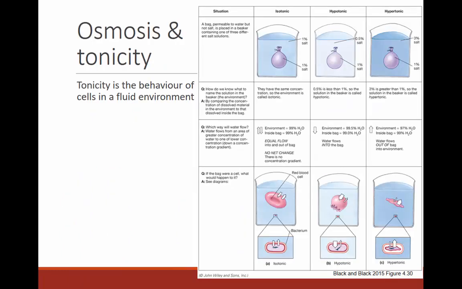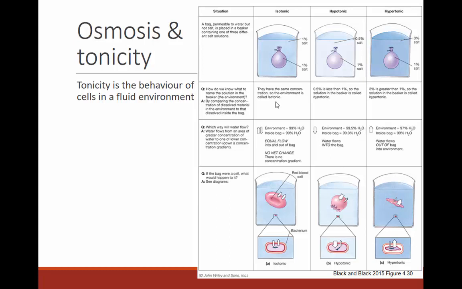And if you were to look at the differences between osmosis and tonicity, you've probably heard of isotonic saline or hypertonic solutions, or hypotonic solutions. Tonicity just means how much the cell membrane actually moves. That's all it is. Isotonic, there might be movement of solutes through the cell wall, but the cell membrane itself won't move.